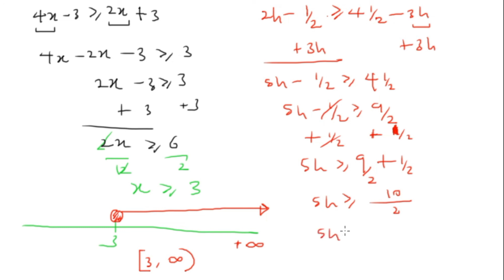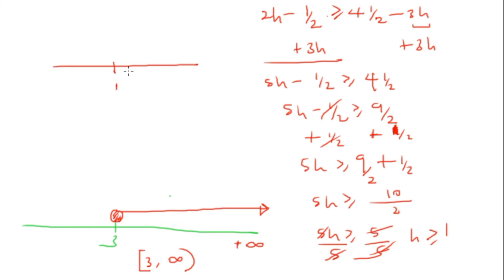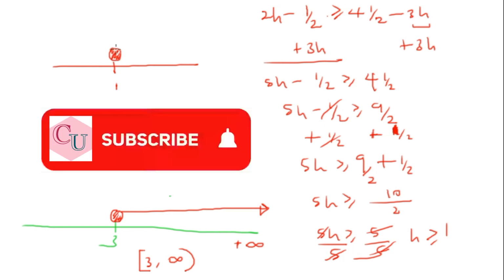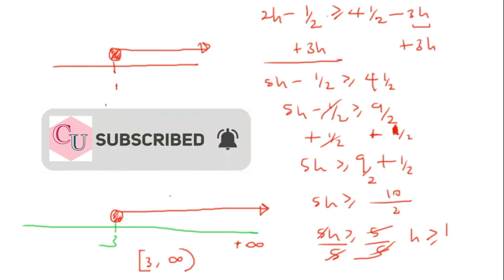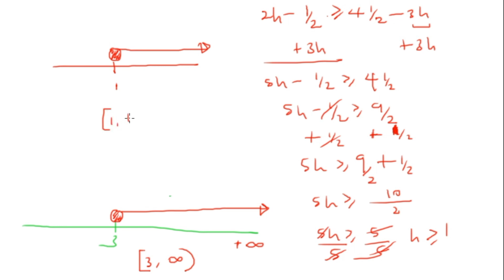So 5h is greater than or equal to 5. If I divide both sides of the inequality by 5, h will be greater than or equal to 1. So we can represent this on a number line. h is greater than or equal to 1, and because it includes 1 itself, that's 1 comma positive infinity.